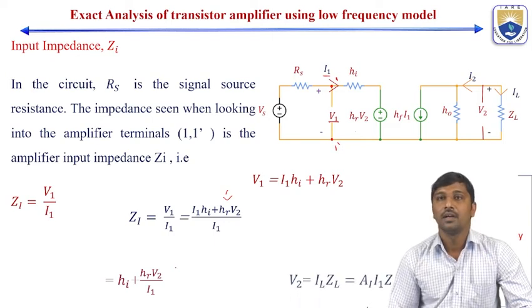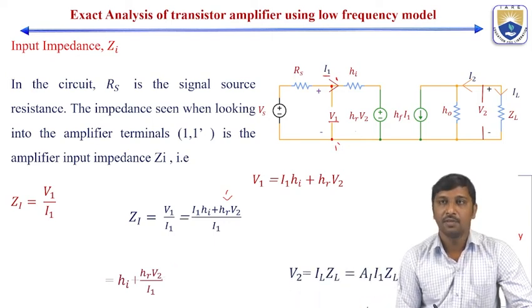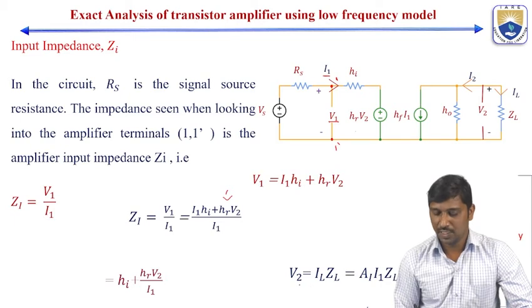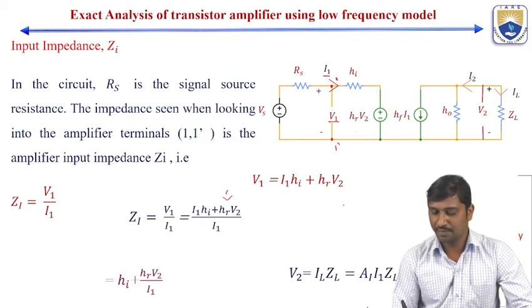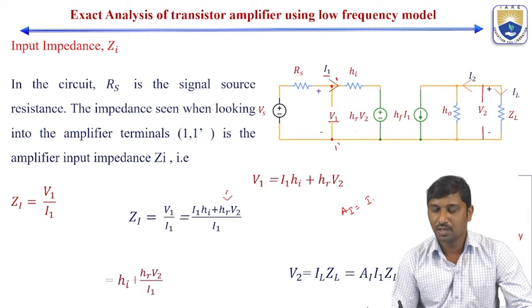Now again, we already discussed that V2 is represented as IL times ZL. From that, we define that AI is represented as the ratio of output current to input current, that is IL by I1. So how do we write this IL?